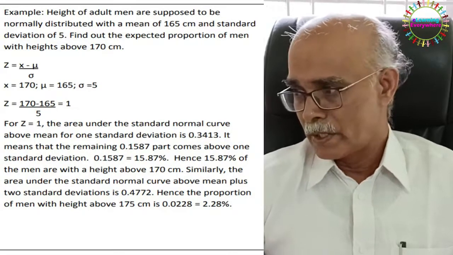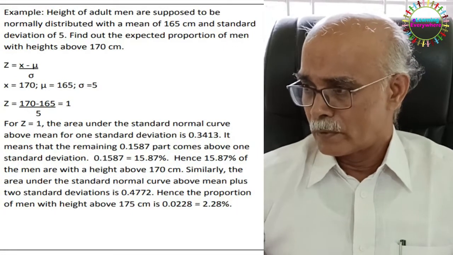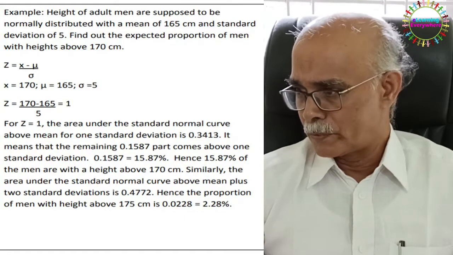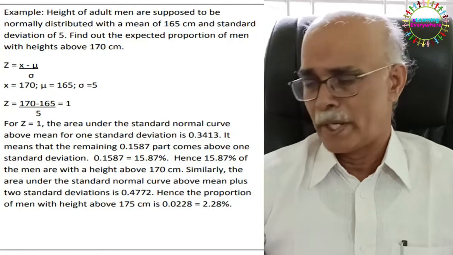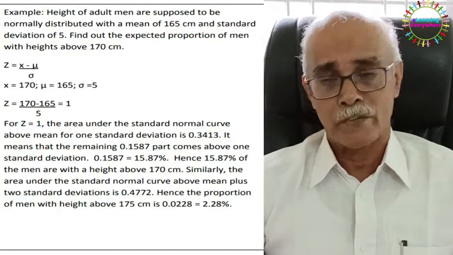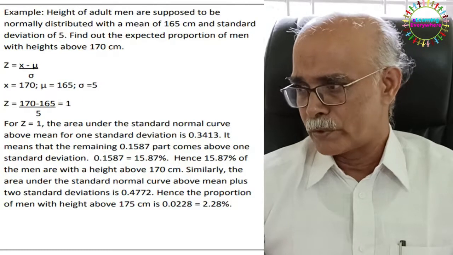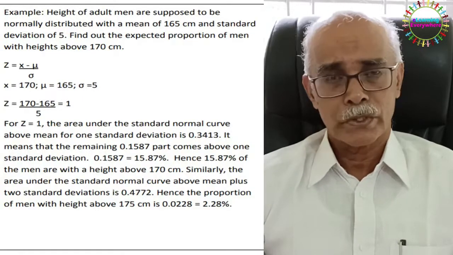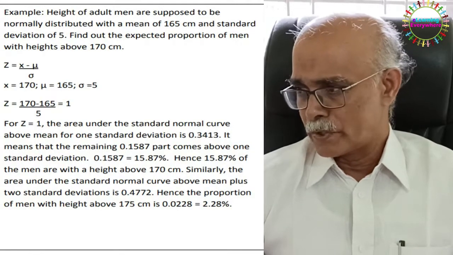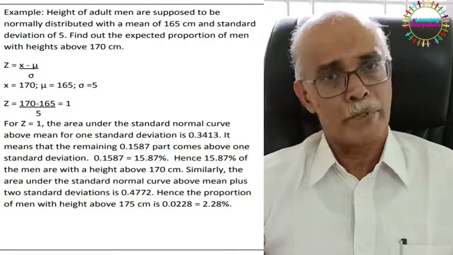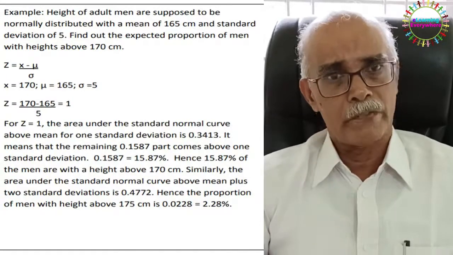It means that the area of the curve above 0.4772 is represented by men with height above 175 centimeter, and their probability is 0.0228, means it is 0.5 minus 0.4772. It is equal to 0.0228. It is equal to 2.28%. So that also you can calculate. In this way, you can calculate mean plus or minus 3 standard deviation also.